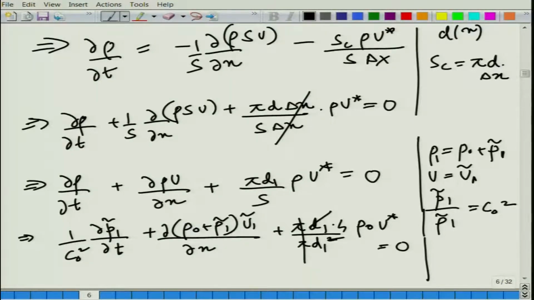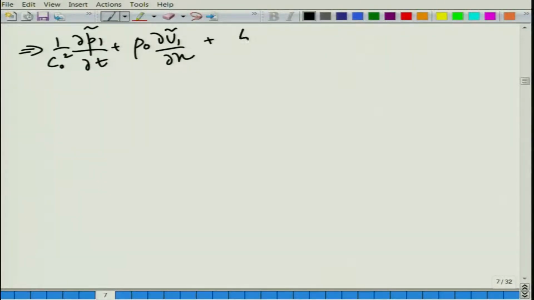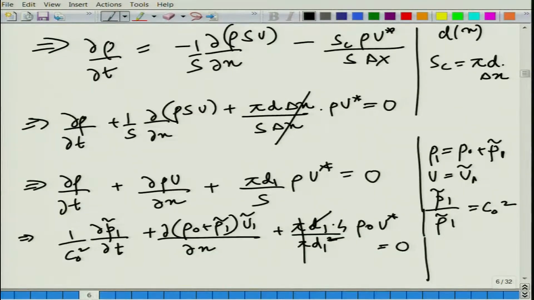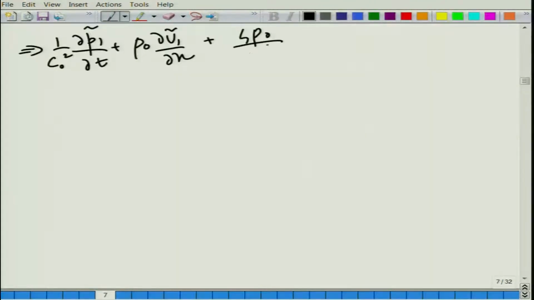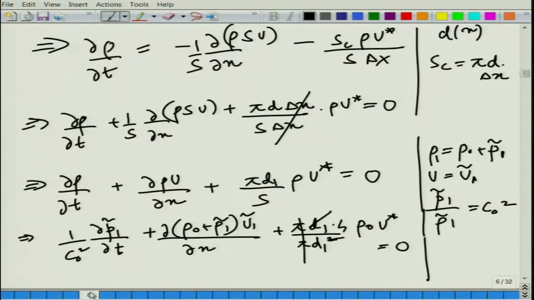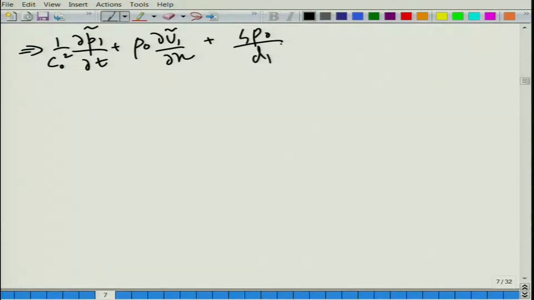And what about the other terms? Let's worry about the other terms as well. So, basically you get 4 times rho naught by d 1 into u star is equal to 0.